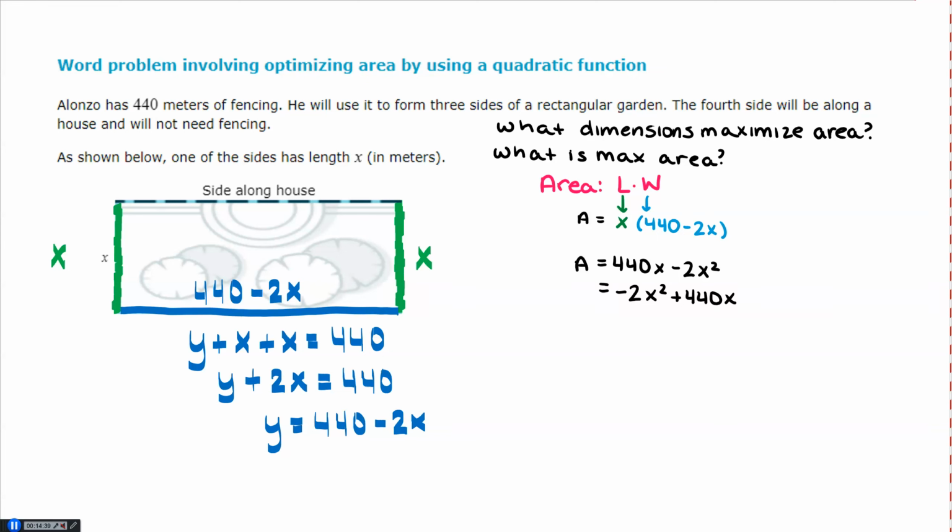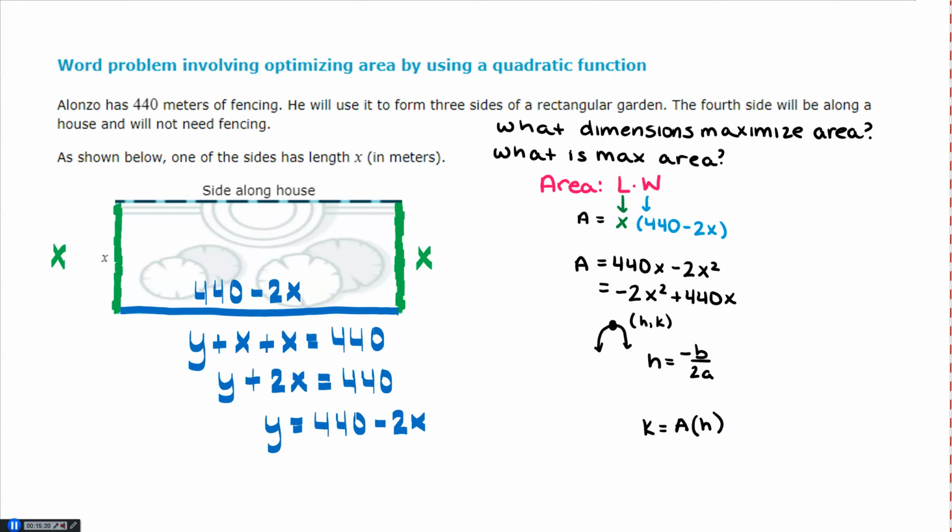So now, since we want to maximize our area, we want to find the vertex of this quadratic function. Now again, this is negative, so if I graph this quadratic function, it'll have a top point, and that top point will be (h, k), where the h is found by doing minus b over 2a, and the k is found by doing a of h, whatever we get when we put in minus b over 2a.